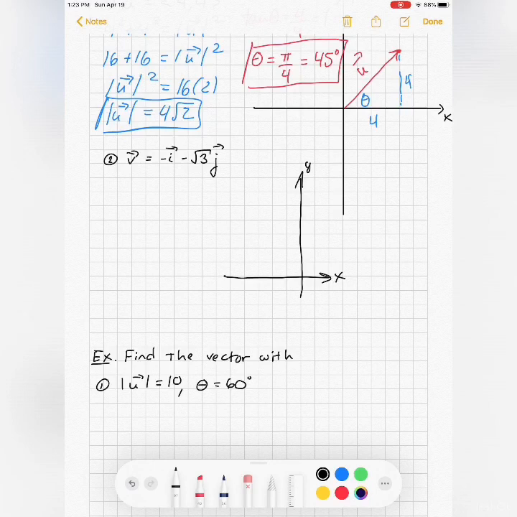Okay, so to plot v. So v says go left 1, and down by what, 1.7-ish? That'd be here. And so there's the vector v. So again, this is equivalent to -1, negative root 3.